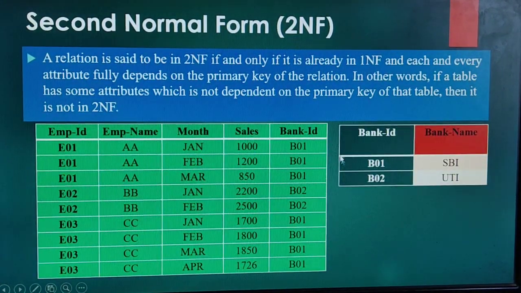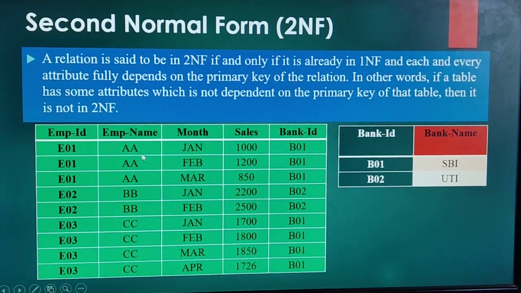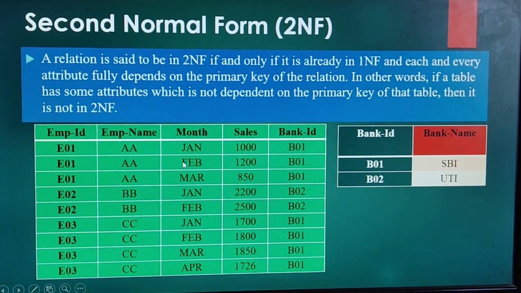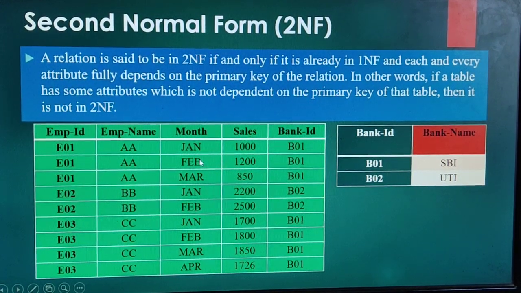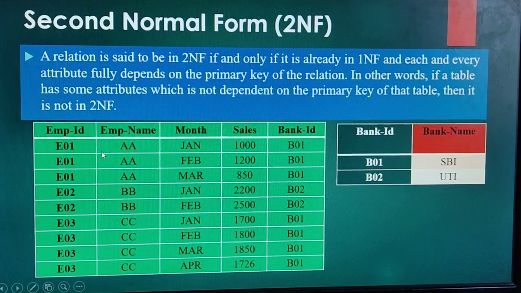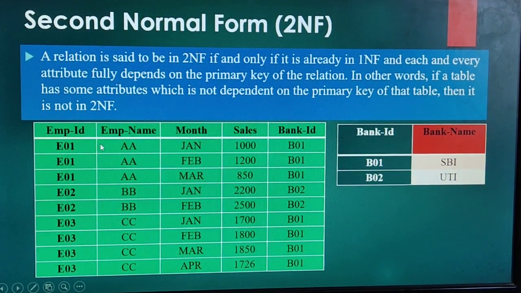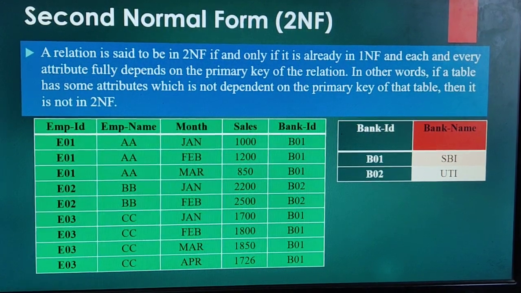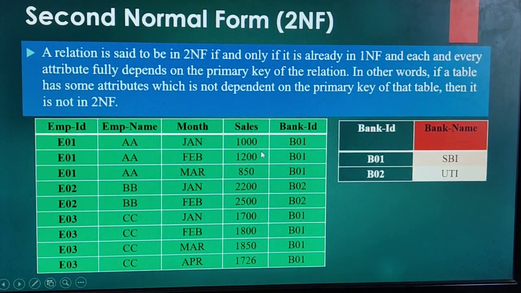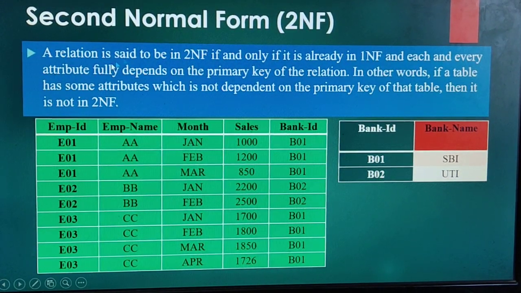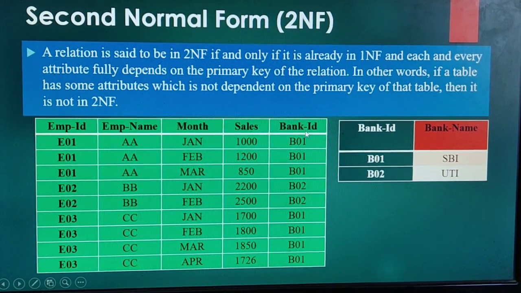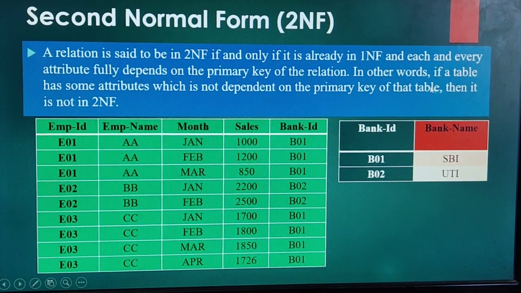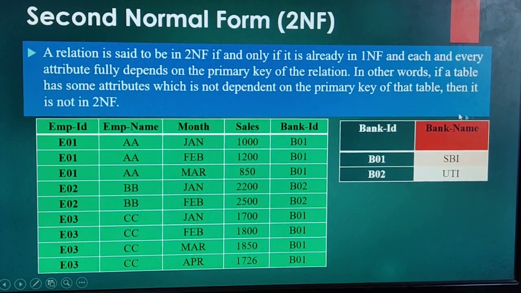That's why we split this table into two tables. This is called decomposition of a relation. Decomposition means we are splitting a whole relation into two tables, and there should not be any disturbance among the dependencies. Bank ID is fully dependent on employee ID, and bank name is fully dependent on bank ID. Both exist.